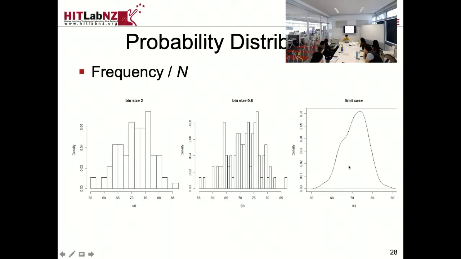But the other way is using frequency polygons, which just connect each median value. So just connect everything and then get an approximate frequency polygon. This is one of the ways we could represent our frequency with a probability distribution shape, this one.